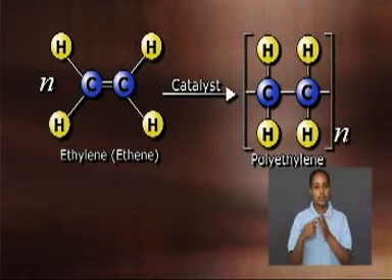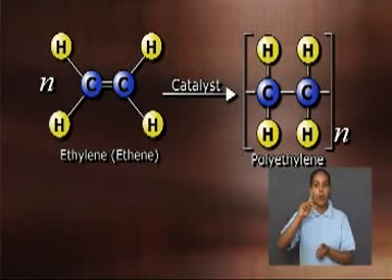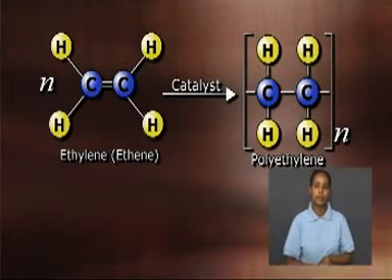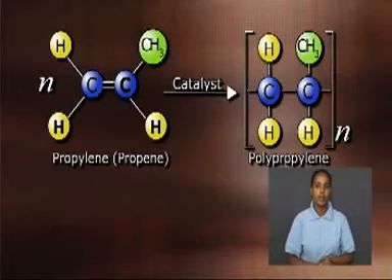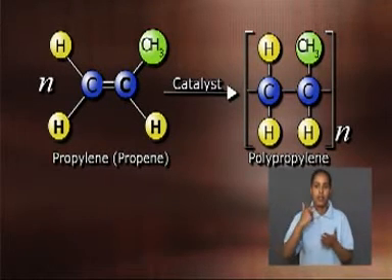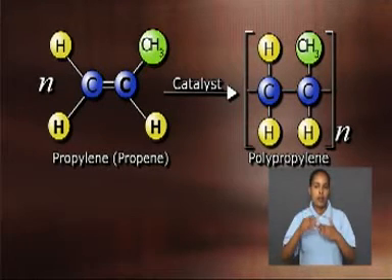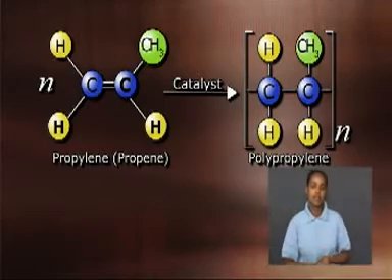In this way, ethylene is converted into polyethylene. The polymerization of propylene looks like this. This is how propylene is polymerized into polypropylene. Do these chemical equations look like yours, students?